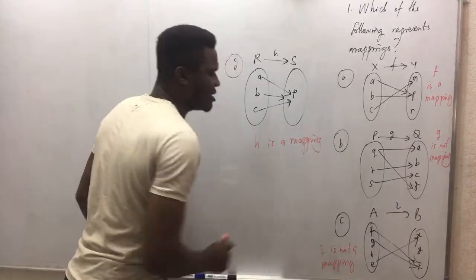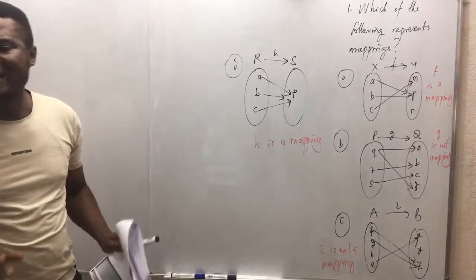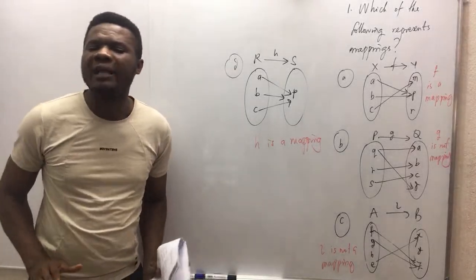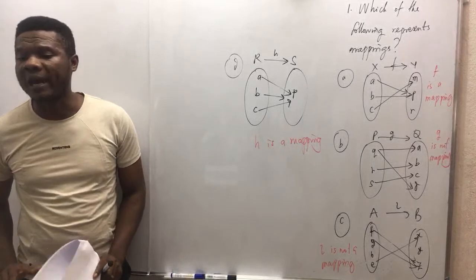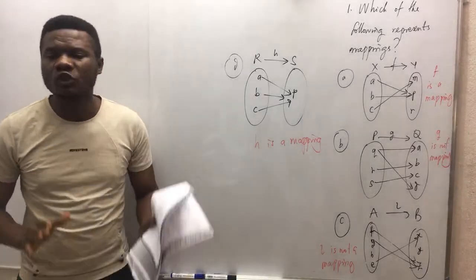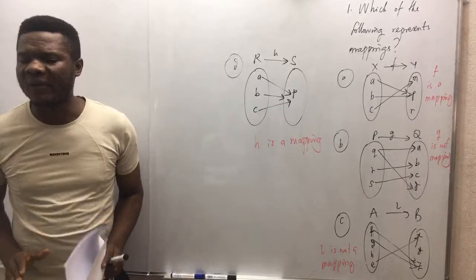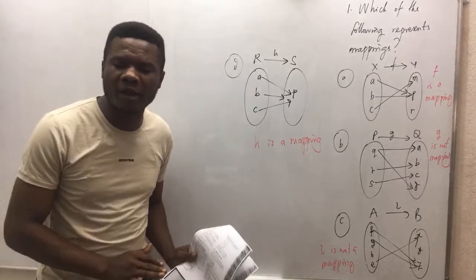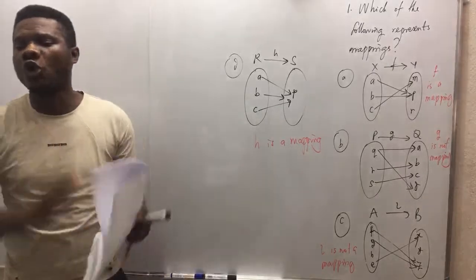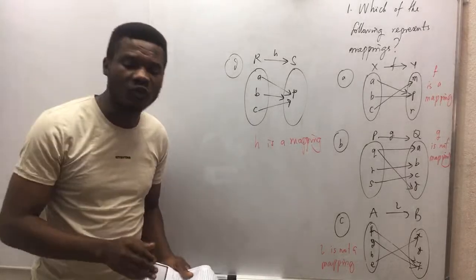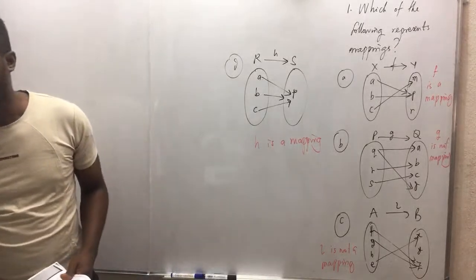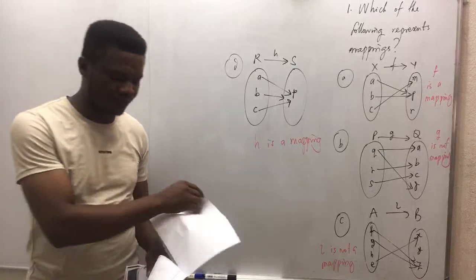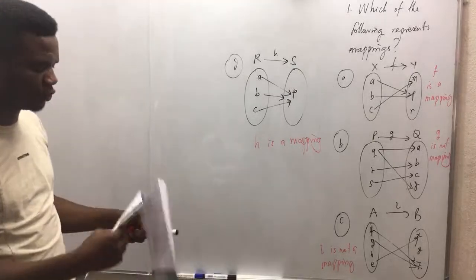Okay? So guys, that answers question number 1. Now, you can ask a question right now, and I will go back to explaining what we've done. However, if you want us to make progress to go on to question number 2, we have to move forward. Let's check out question number 2.